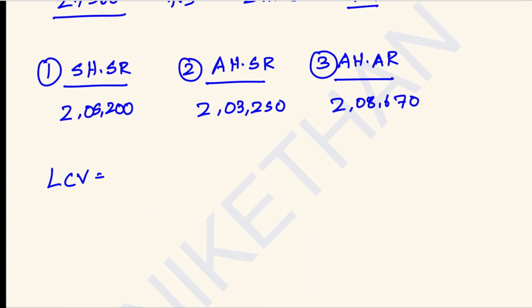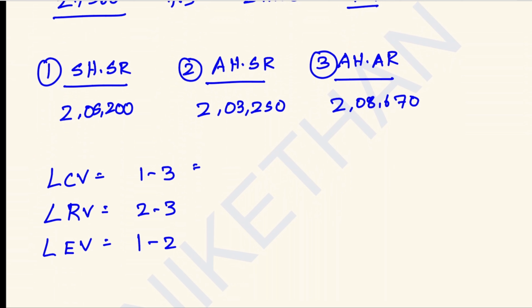Labor cost variance is equal to, labor rate variance is equal to, labor efficiency variance is equal to. So cost variance is 1 minus 3, rate variance is 2 minus 3, efficiency variance is 1 minus 2.